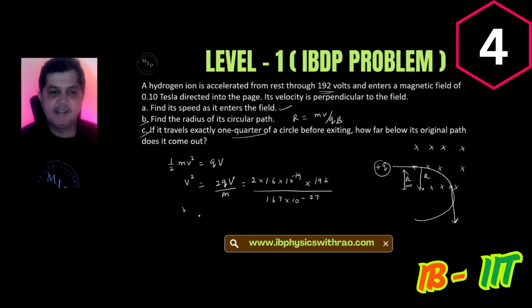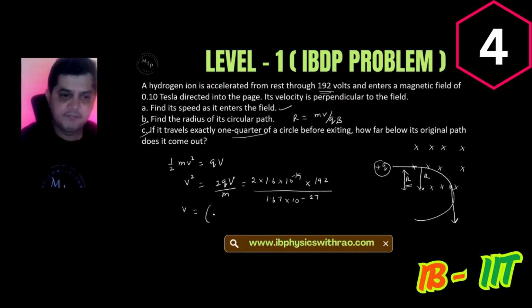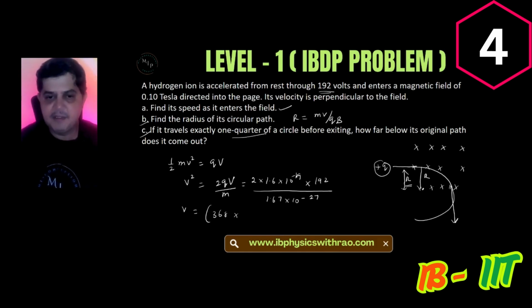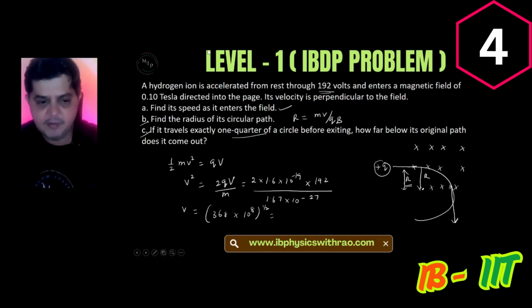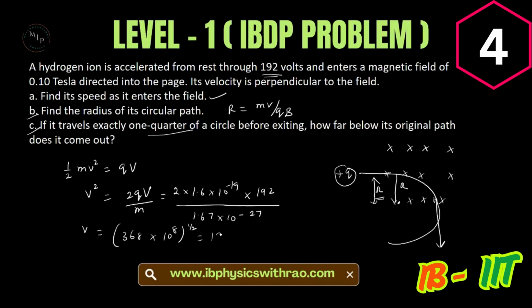When I do all this and take the square root, it becomes 368 multiplied by 10 to the power of minus 19 minus 27, which comes upwards as 10 to the power plus 8, whole to the power of half. If I take the square root once again, this should be 19.18 into 10 to the power 8, is 10 to the power 4, square root.